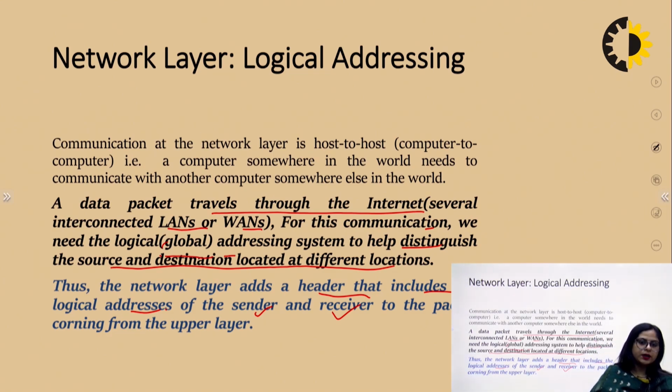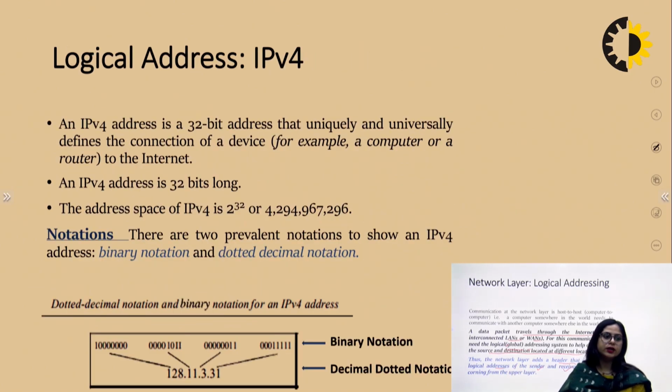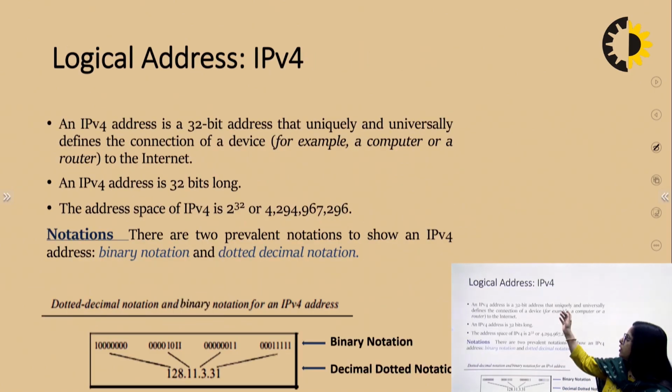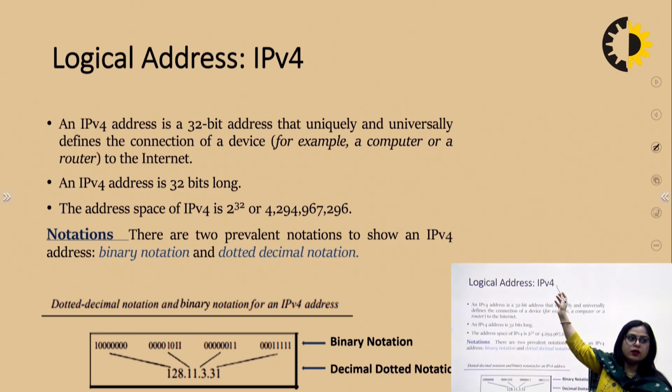When data comes from the transport layer, the network layer adds its header to this data. In that header there is the logical address of the sender and receiver added to the packet coming from the upper layer. Then what is the logical address? The logical address is Internet Protocol version 4.